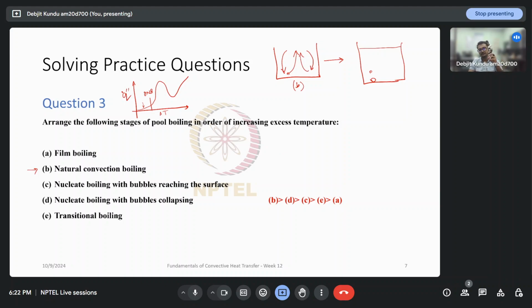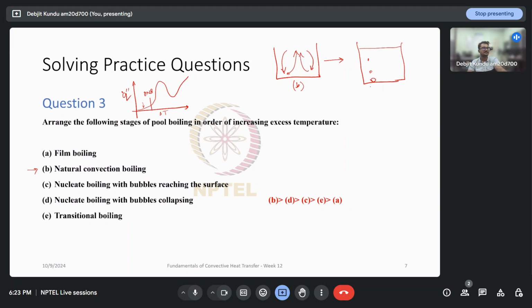By collapse, I mean that a vapor bubble forms at the bottom of the pool, and as it goes up, it loses heat to the cooler fluid surrounding it on top. As a result of losing that heat, it will condense back into liquid. So bubbles will start shrinking, and they won't ultimately reach the surface. They will collapse before reaching the top surface.